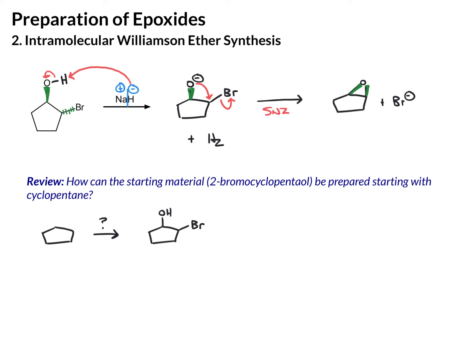Okay, well, there's not much that you can do with alkanes or cycloalkanes other than a radical halogenation. So I'm going to do a radical bromination. Do Br2 and light, and that will brominate.